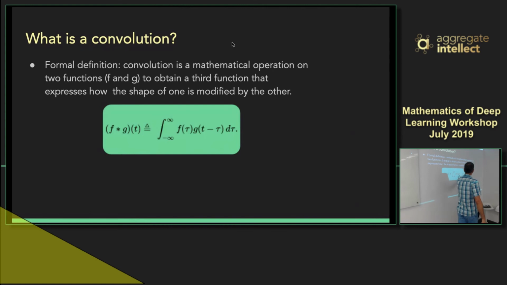So the kernel is a function that does something for us, and f is our image, our signal, our audio, our text, whatever our signal is, all right? So that's the function, and this is the operator.